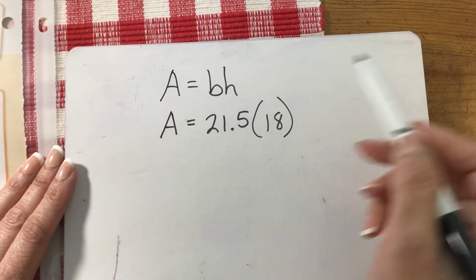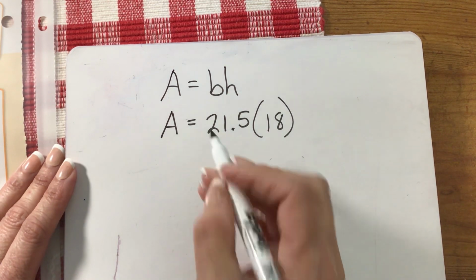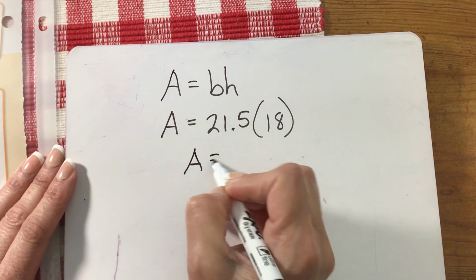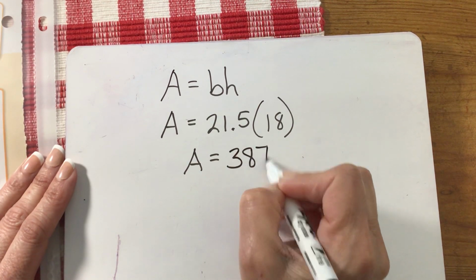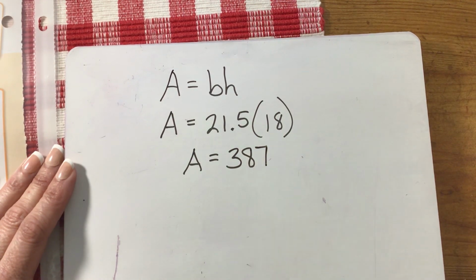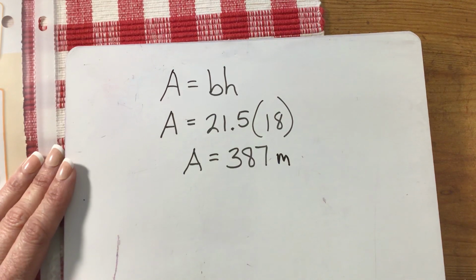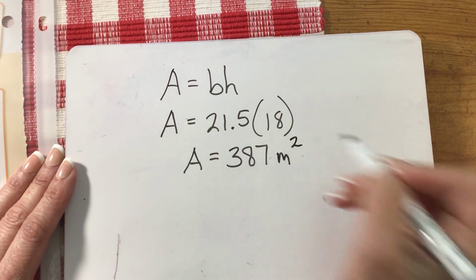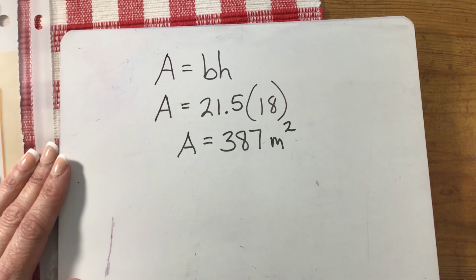Okay, if you need to go off to the side to figure out 21.5 times 18, you can go ahead and use a calculator if you need to. The area is going to be 387. And it's feet, I believe we're talking, oh no, we're talking meters, sorry. So the area is going to be 387 meters squared.